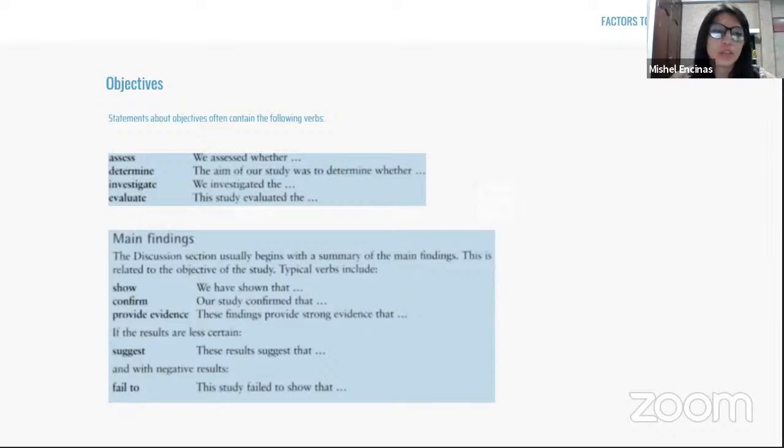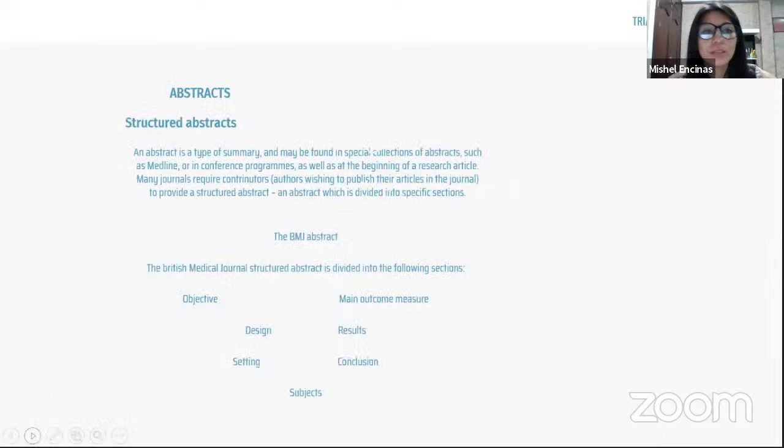Okay, let's continue then. Then we have the abstracts, structured abstracts. It's a type of summary and may be found in special collections of abstracts, such as Medline, or in conference programs, as well as at the beginning of a research article.